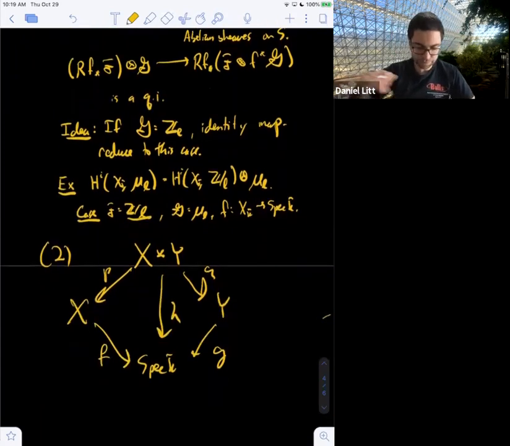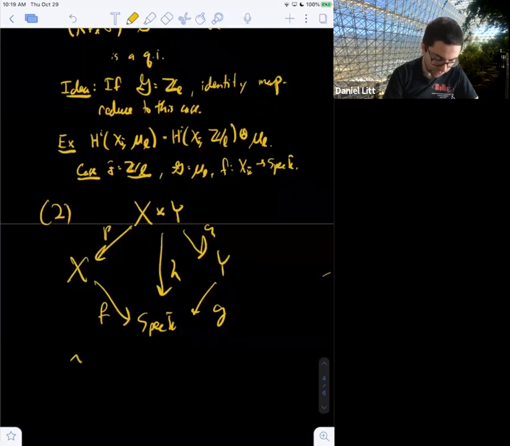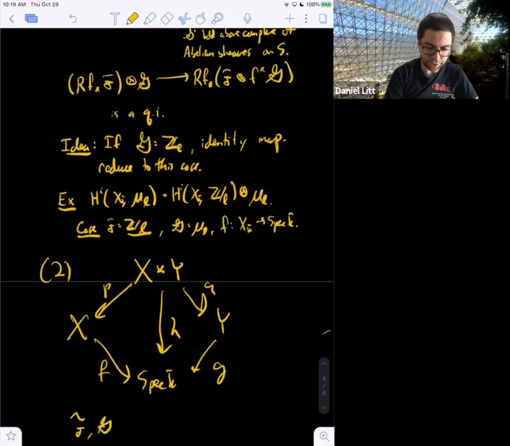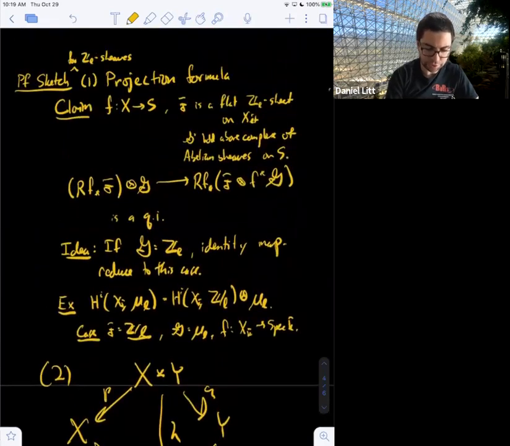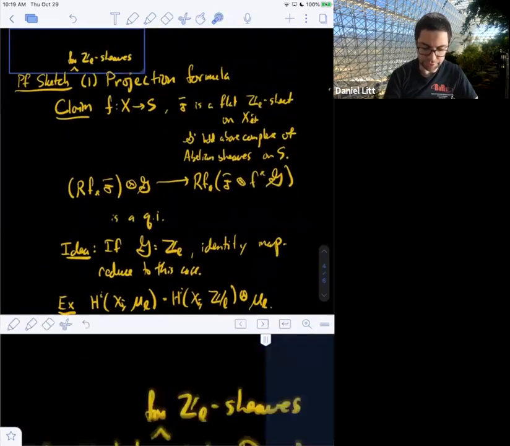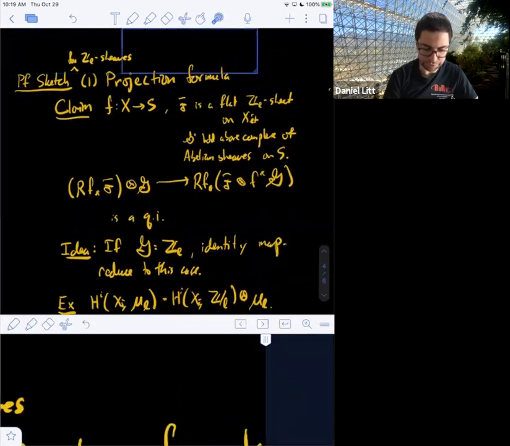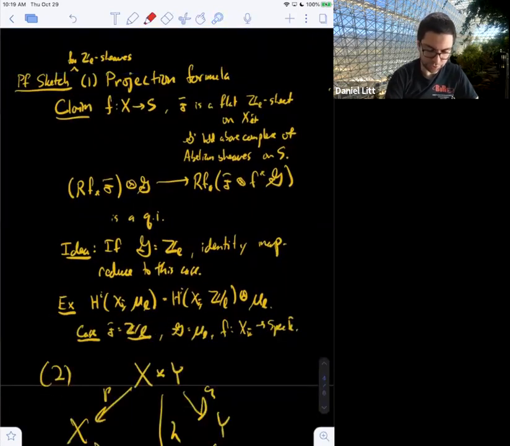Great. And I'm going to assume that F and G, recall, are now... I sketched this for Z_L sheaves. Really, everything I said works for Z mod L^n, so this works also for flat Z_L or Z mod L^n sheaves.